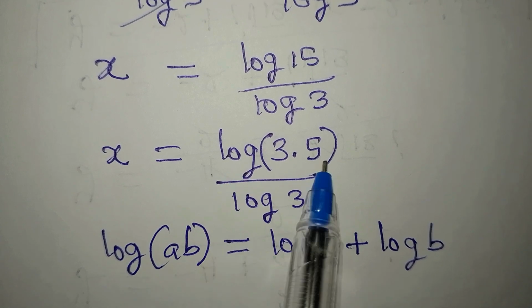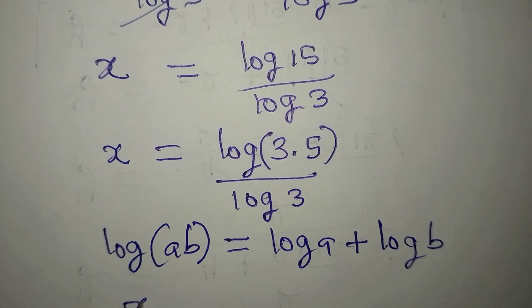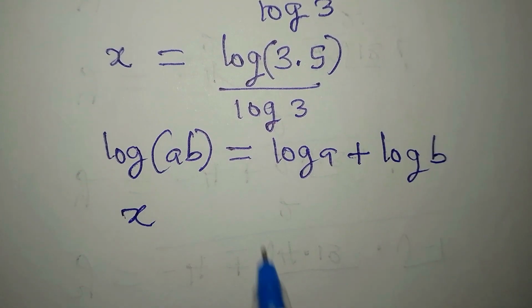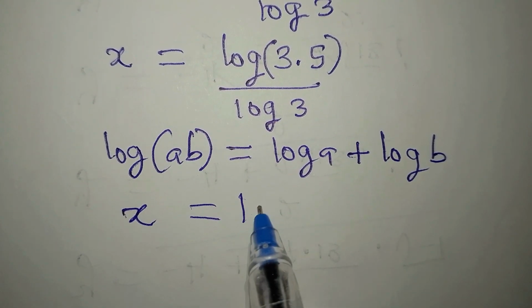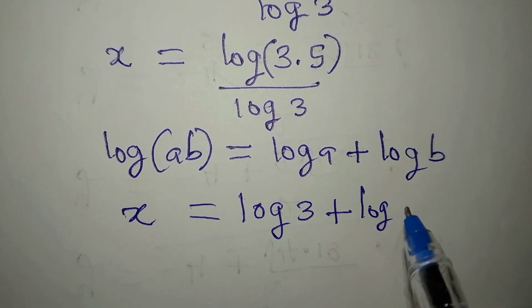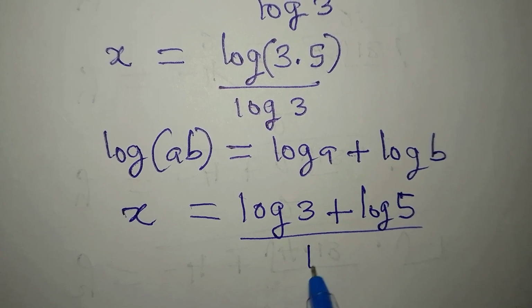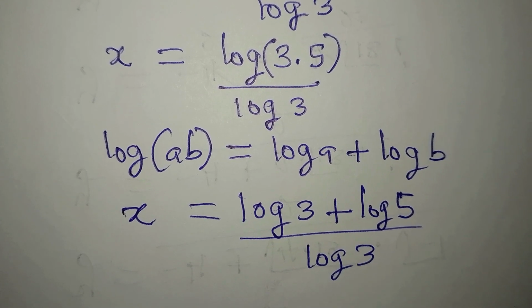So now we are going to add the logs for the numerator, and our x will now be log 3 plus log 5. Then we divide all this by log of 3.